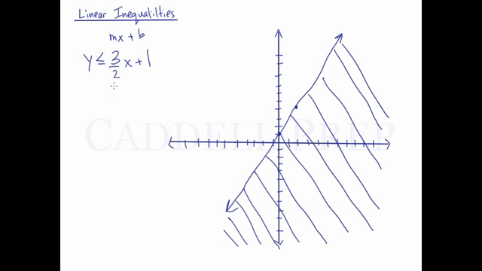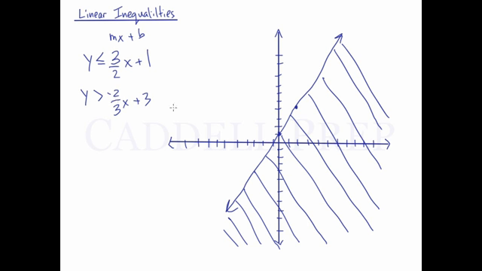Okay, what if we had a different inequality, such as y is greater than negative 2/3 x plus 3. I'm just going to graph this with a different color. So y is greater than negative 2/3 x plus 3.